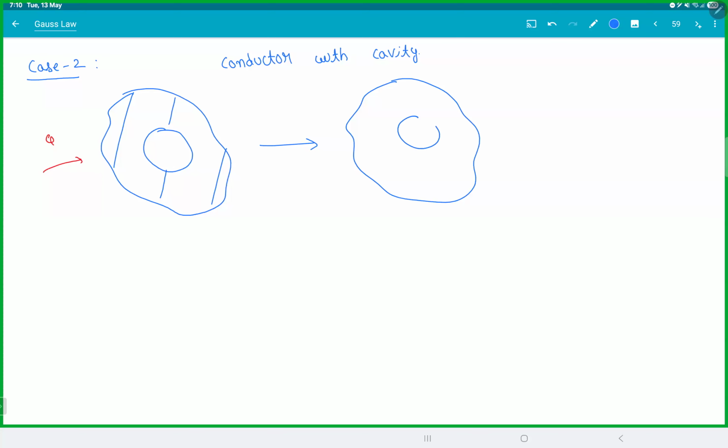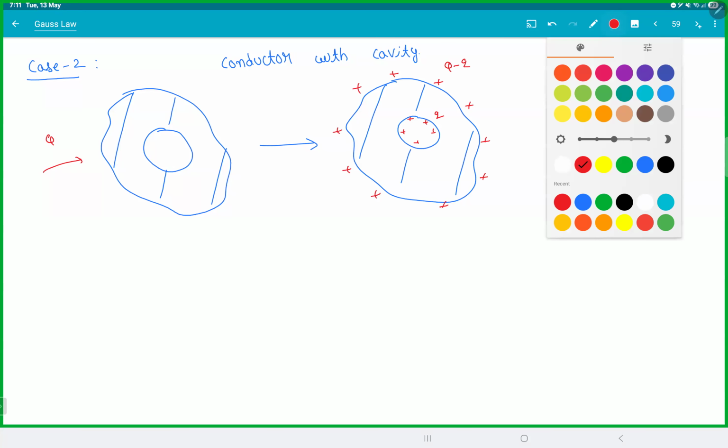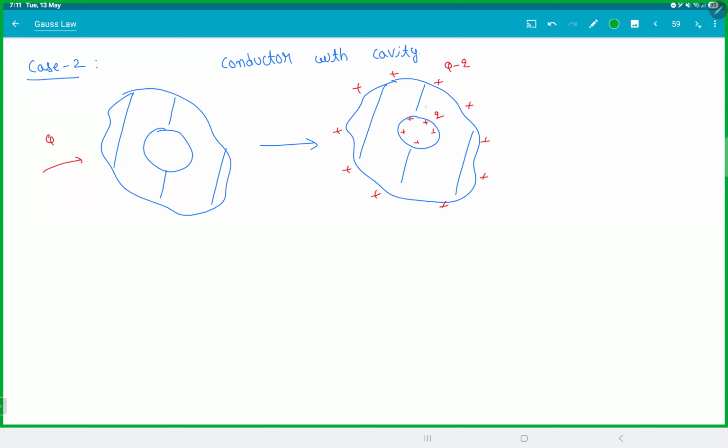So we have a conductor with a cavity. Since we don't know how the charges are distributed, let some charge go inside. Let's assume small q. Then the remaining charge will be outside, Q minus q, because the total charge has to be conserved. Same story, consider a Gaussian surface. So we will consider a Gaussian surface enclosing this cavity.